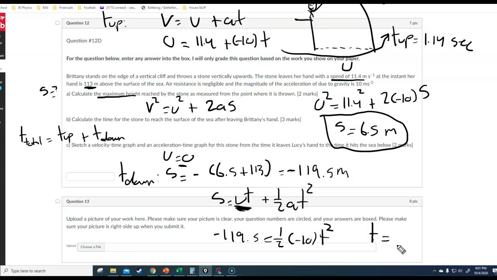Okay, so I divide, I take the square root, and I get 4.89 seconds, and that's going to be t down. And so my last step would just be to add t up plus t down. 1.14 plus 4.89 is 6.03 seconds.